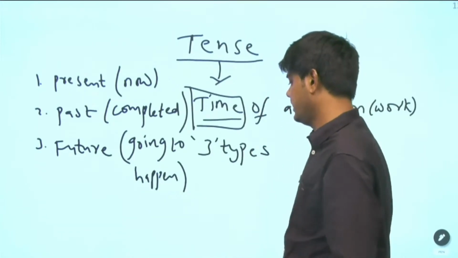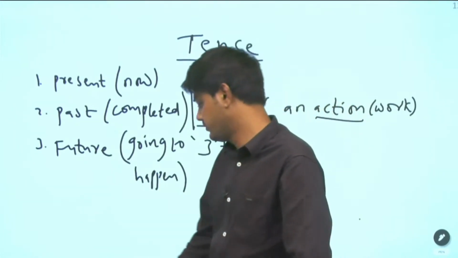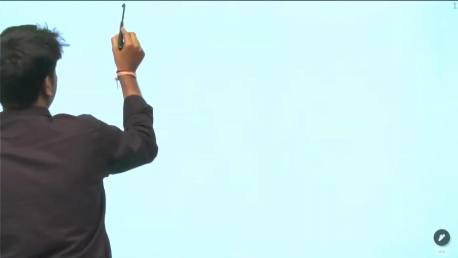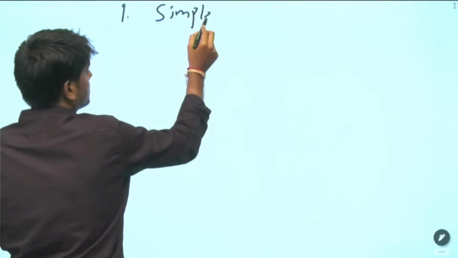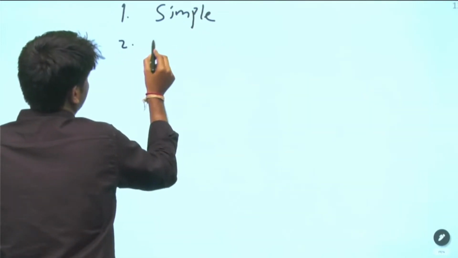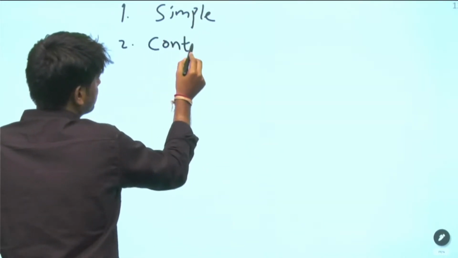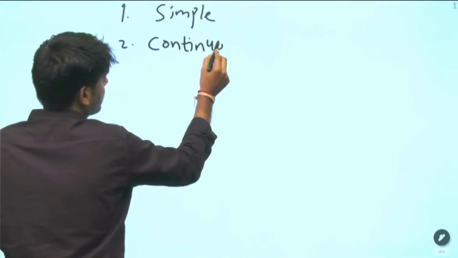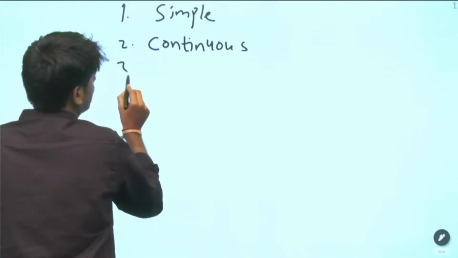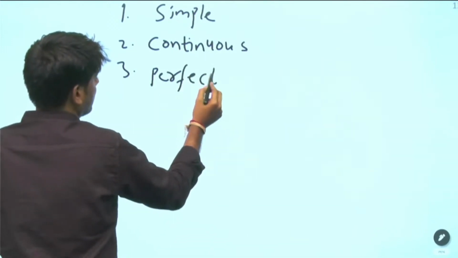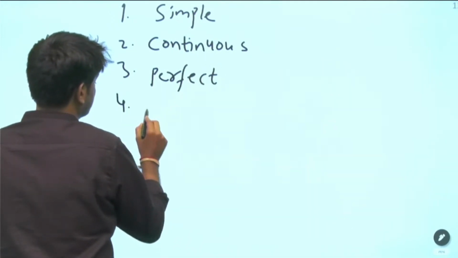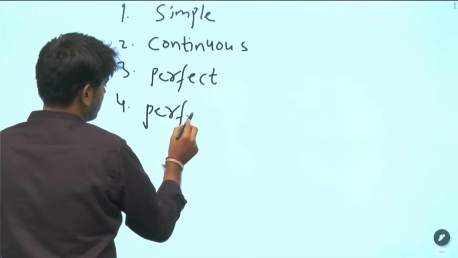Again, each tense is divided into 4 types. The first one is simple, the second one is continuous, the third one is perfect, and the fourth one is perfect continuous.